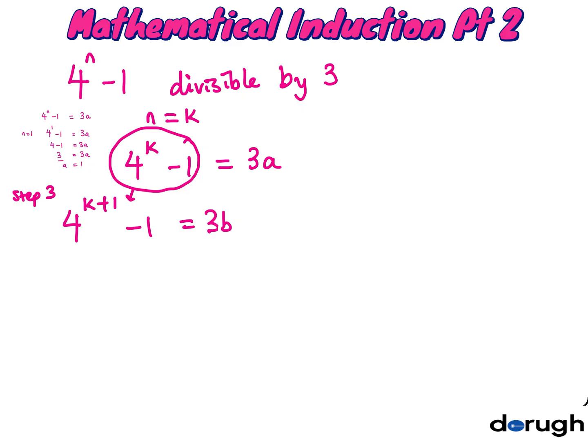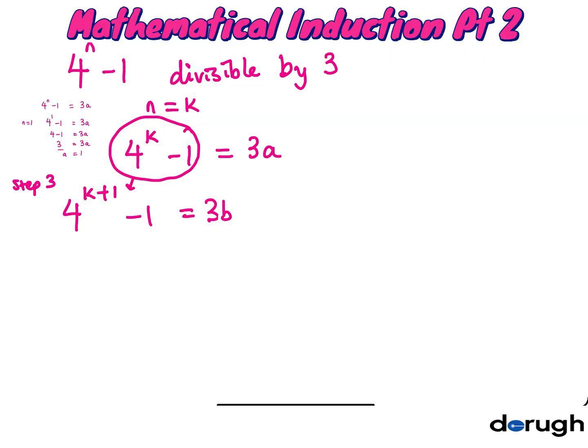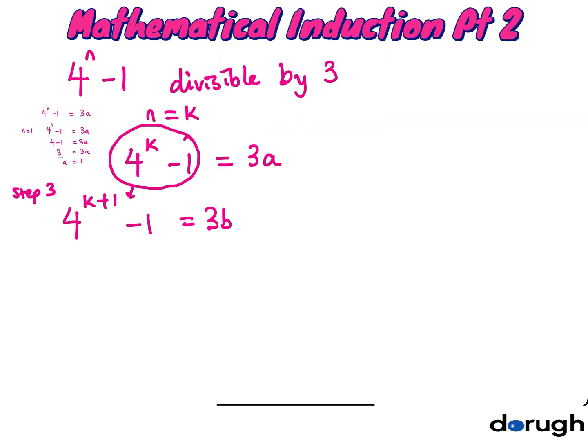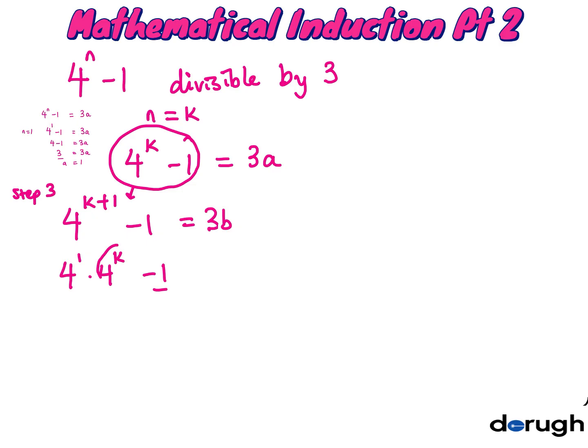Of course, you have that 4 power k plus 1. If you remember your indices, you know that that is equal to 4 power 1 and 4 power k. This 4 power k minus 1 is not the same as this one.